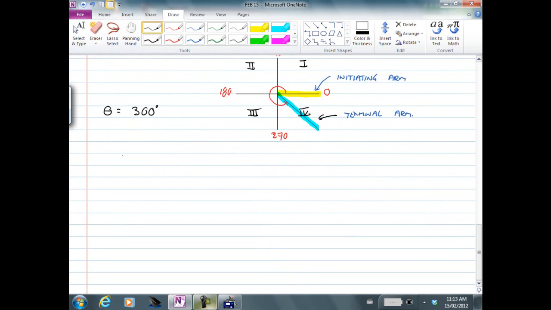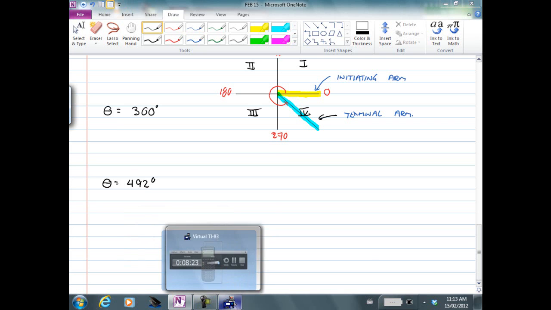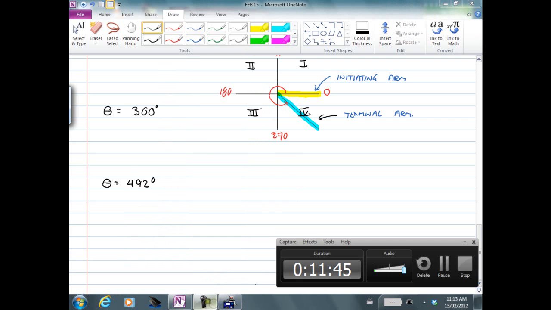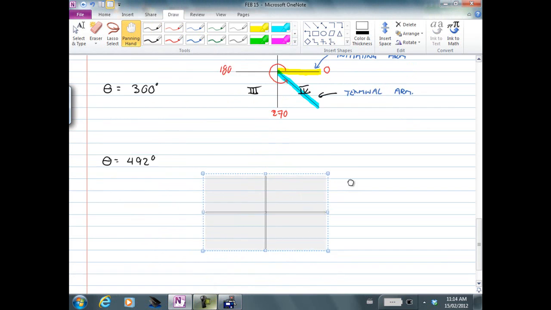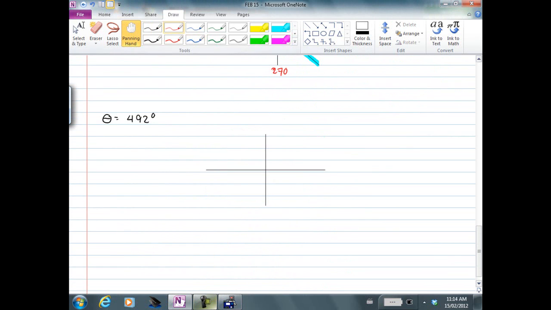What about this one? Theta, good luck, equals 492 degrees. I'm going to pause it and let you have a crack at it. I walked around and a lot of you said, hey, that's in quadrant 2. You're right. Again, watch what I'm going to draw. If I go all the way around, I'm at 360. But the problem is, I have to go a bit more than 360.